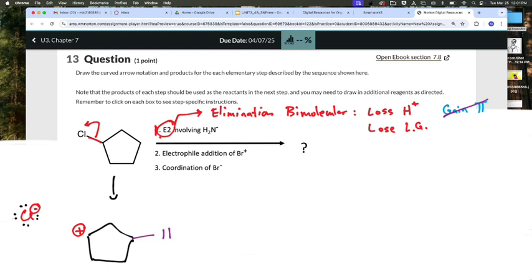So let's look at an H. Ta-da, there's an H. If that was an H+, how did it become positive? Lose its electron. The electrons. Where did the electrons go? To the main atom itself. They went to the atom that was holding on to that initial hydrogen. Okay? So if I add that arrow, what's the result?